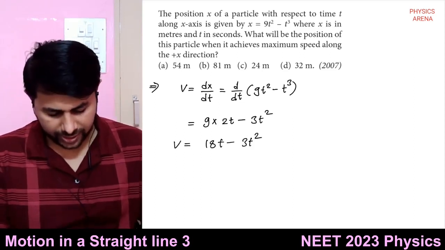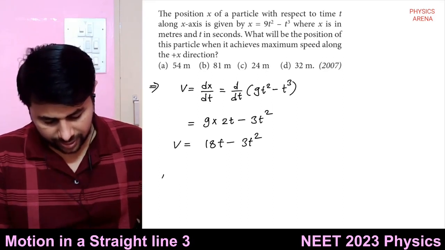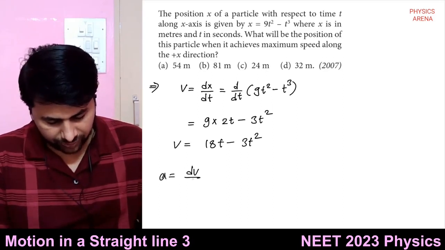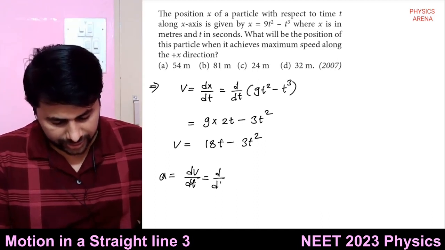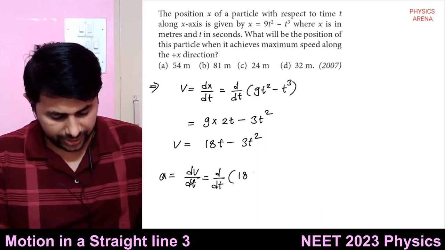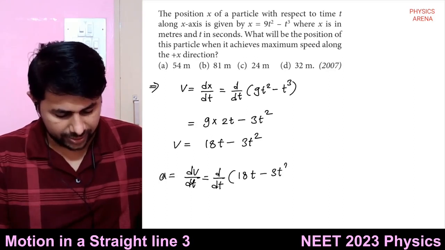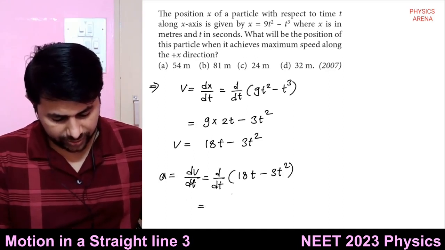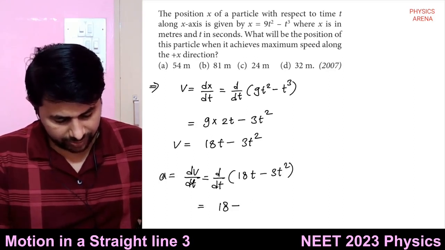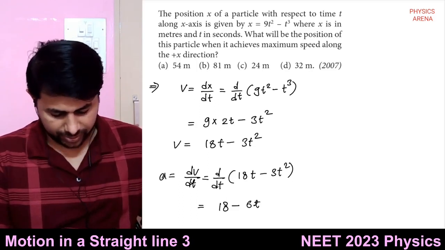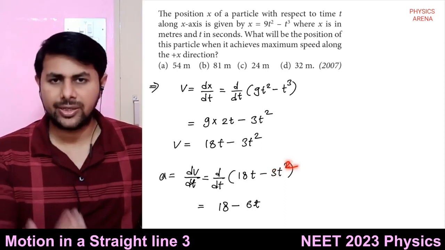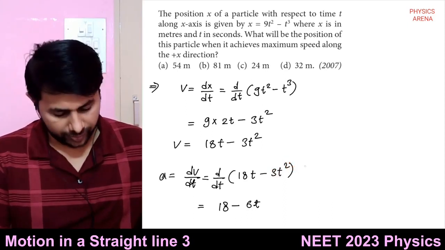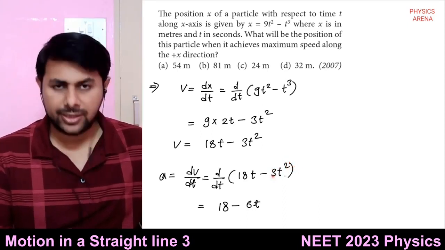This is your velocity. And what will be the acceleration? Acceleration is the change in velocity with respect to time, dv by dt. So it is d by dt of 18t minus 3t square. If you take the derivative, it is 18 minus 6t. Okay, 3 times the derivative of t square, which is 2t, so 3 times 2t is 6t.